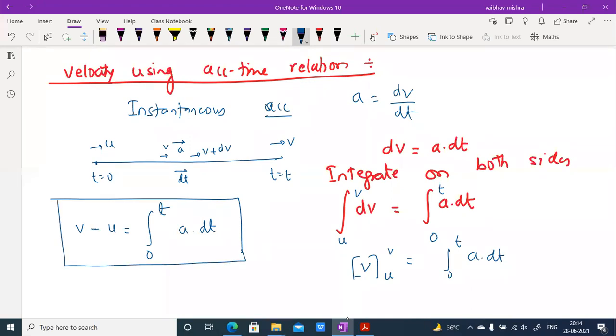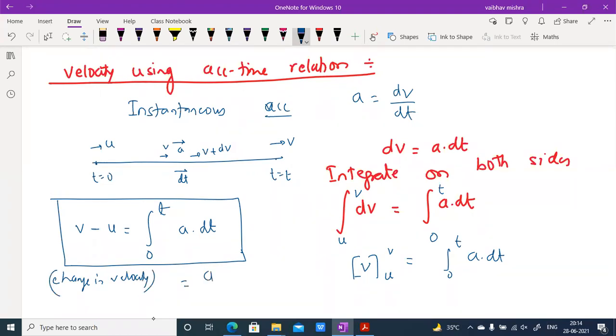That is the change in velocity. So acceleration को time में integrate करेंगे तो हमें velocity नहीं मिलेगी, हमें मिलेगी change in velocity, final minus initial.